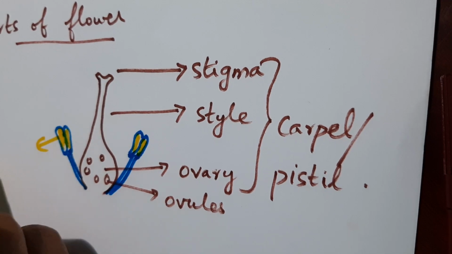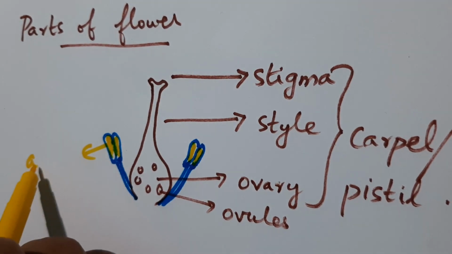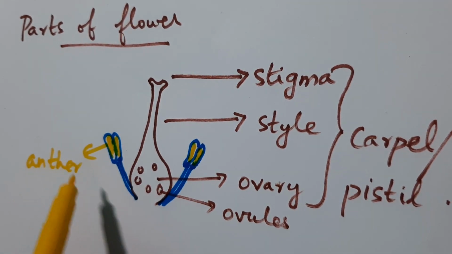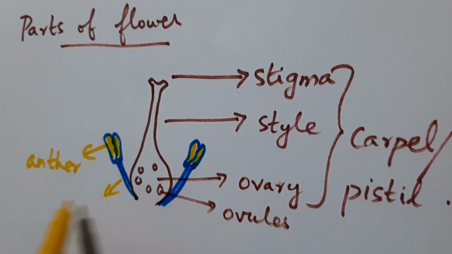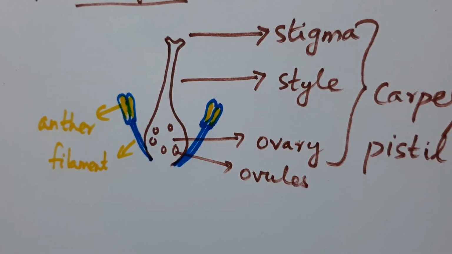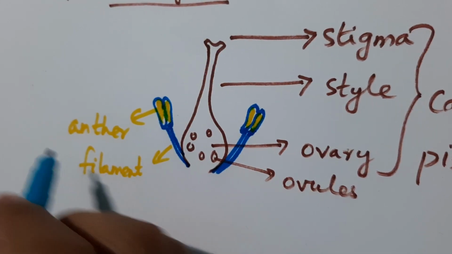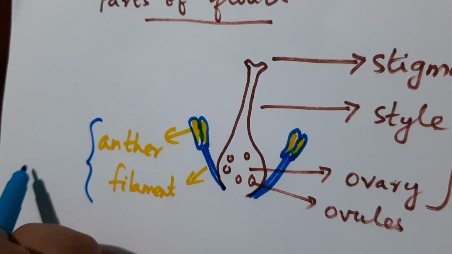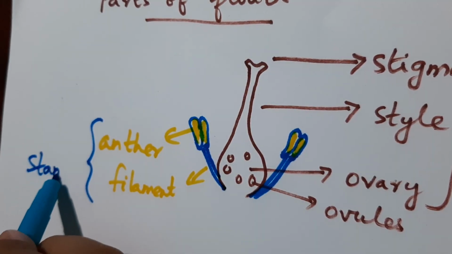So, this is the anther, and the process called filament. So, anther and filament together makes up the male reproductive part of the flower, which is called as stamen.